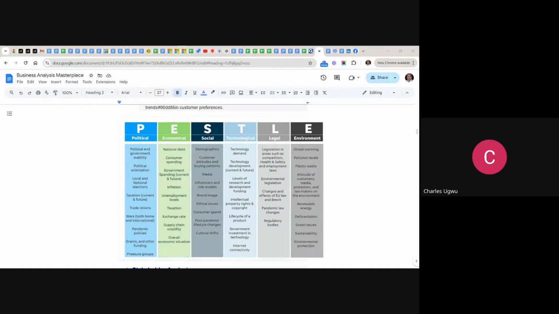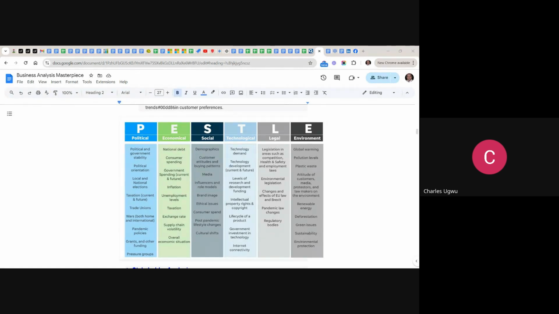Whatever you do, you try to understand which of these factors matter. All of them might not really affect your business, but at least one or two or three of them might pose a challenge or might become a gain or a strength.